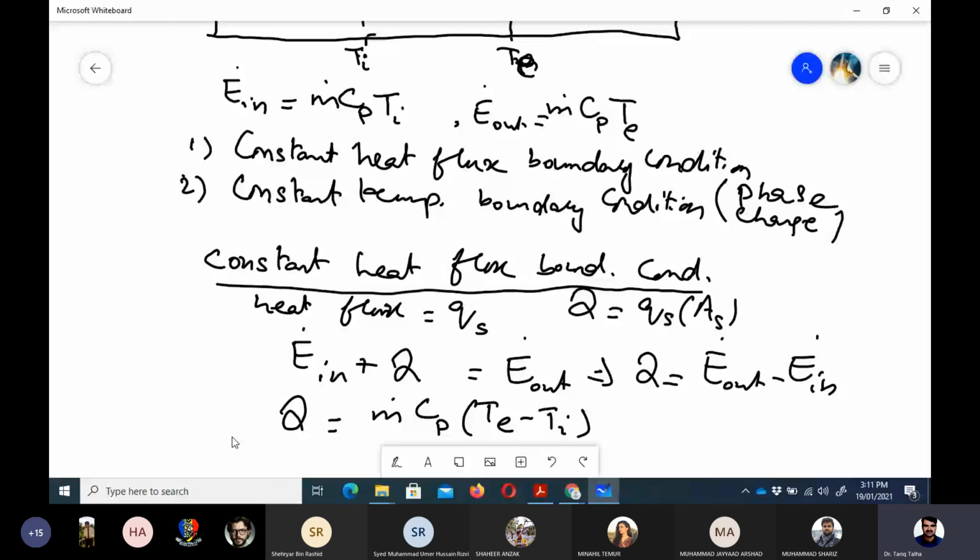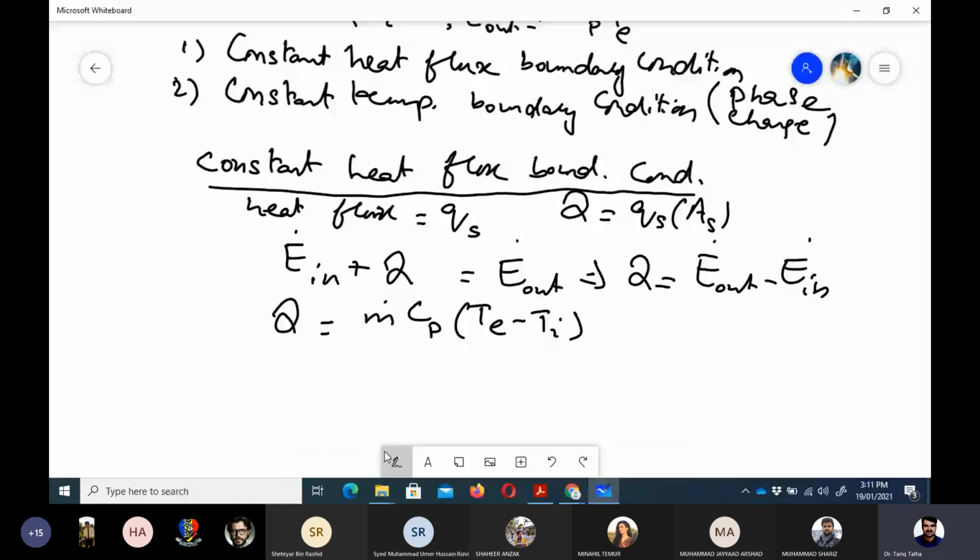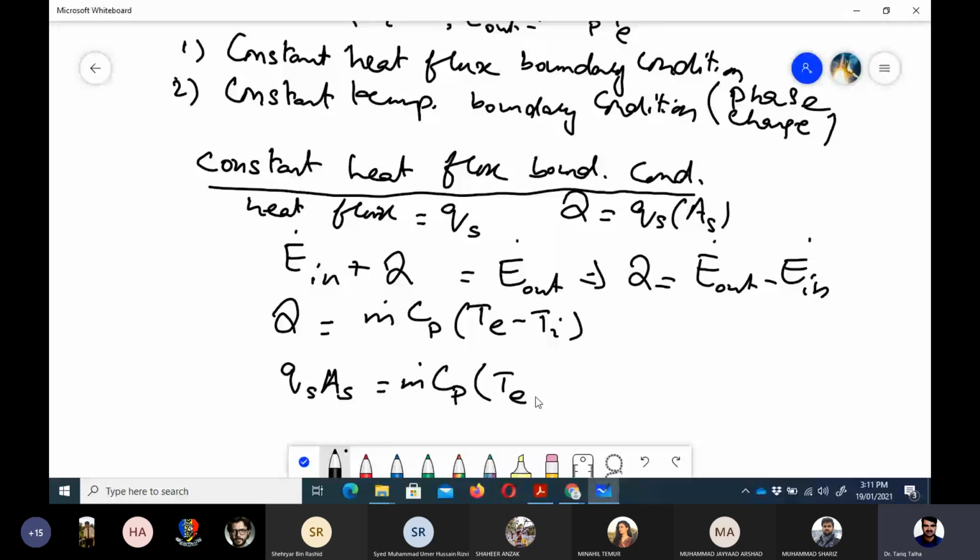So now if we put the value of Qs into As here, Qs into As would be equal to m dot Cp (Te minus Ti).